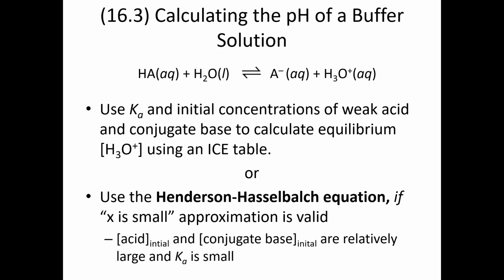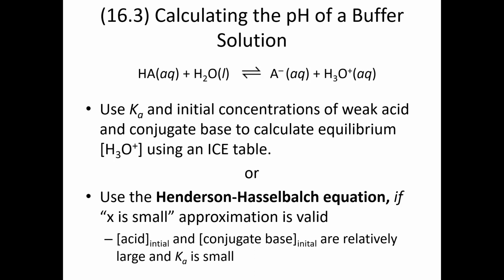Because buffers are trying to resist changes, so their concentrations aren't going to be changing. So if the initial concentrations of the weak acid and the conjugate base are relatively large and the Ka is small, let's try the x's small approximation. Let's do the Henderson-Hasselbalch equation because it's this really awesome, simple calculation where you don't have to do an ice table.